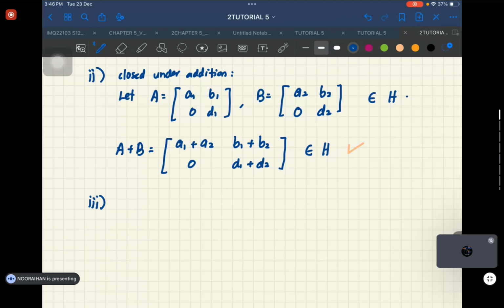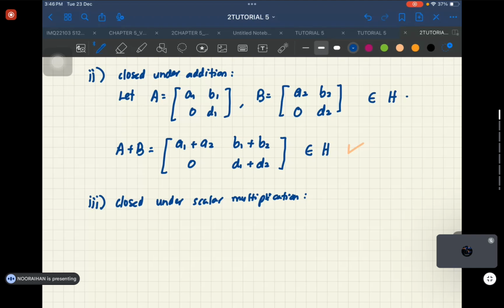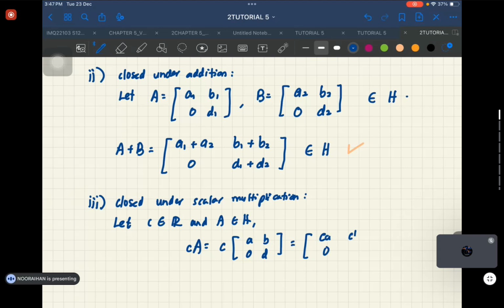So number 3, closed under scalar multiplication. Okay, let C be any scalar that is a real number and A is an element of H. Then CA is equal to C times A, B, 0, D. This is equal to CA, CB, 0, CD.